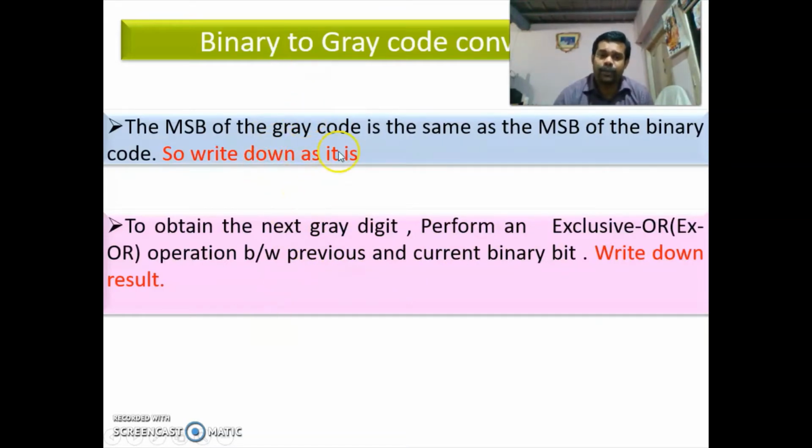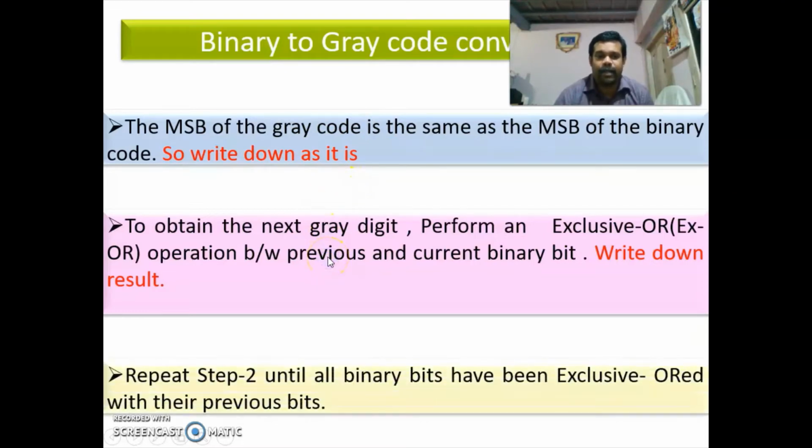Then we have to perform XOR between the previous and current bit. First we write the MSB as it is in the binary, then perform XOR between the previous and current bits, and repeat step 2 with all the numbers.